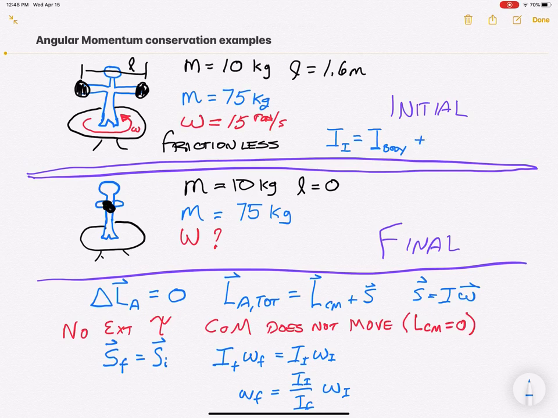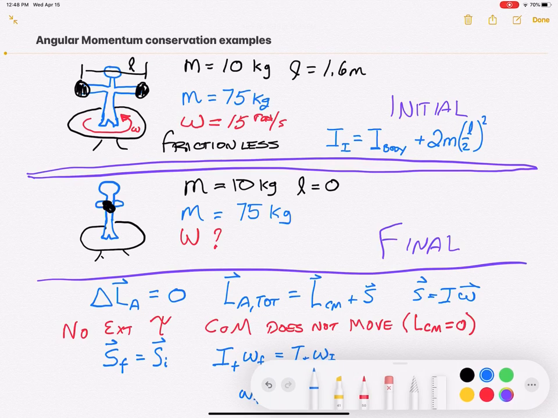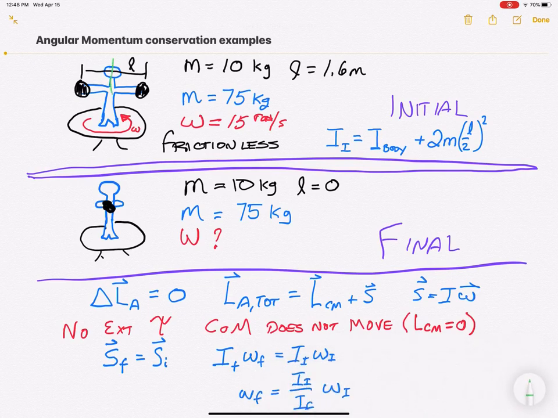And then plus, I've got two masses, both of them at L over 2 squared, around the center of our rotation, around our axis of rotation, which is straight up the middle of this system.